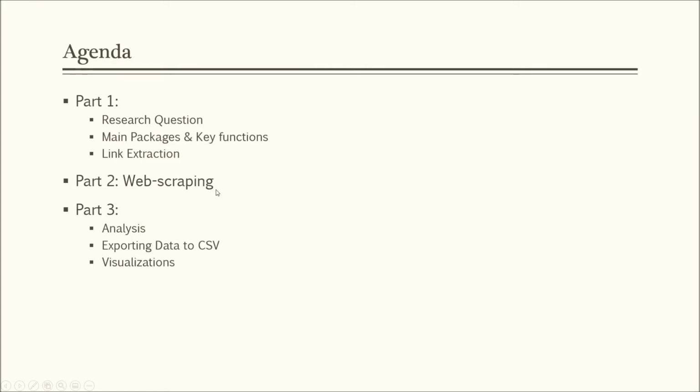In the second part, I'll go through mainly the web scraping, and in the third part, I'll go through the analysis I went through, and primarily how to export the data from R into a file format that allows you to import it into different data visualization softwares.